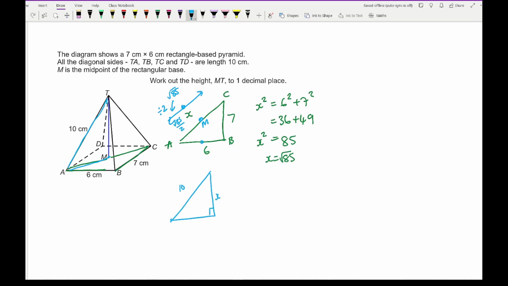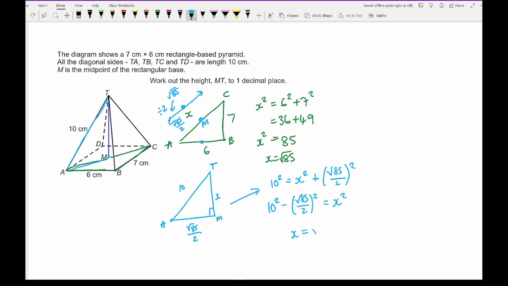This is what I'm looking for in terms of MT. And this length here is going to be root 85 divided by 2. So then using Pythagoras, I've got 10 squared equals x squared plus root 85 over 2 squared. If I wanted to work that out, that's absolutely fine, but I'm just going to leave it as it is. So here I've got 10 squared minus root 85 over 2 squared equals x squared.